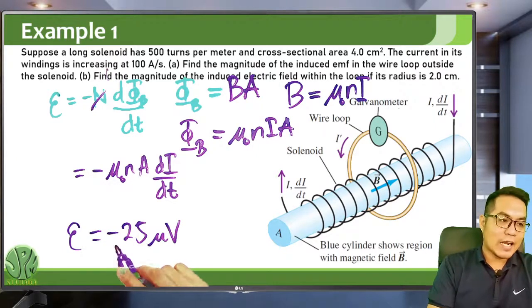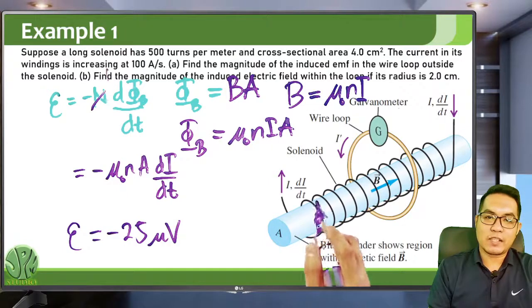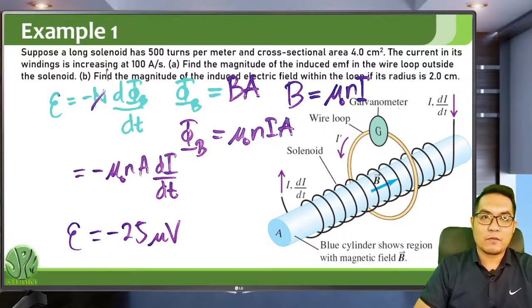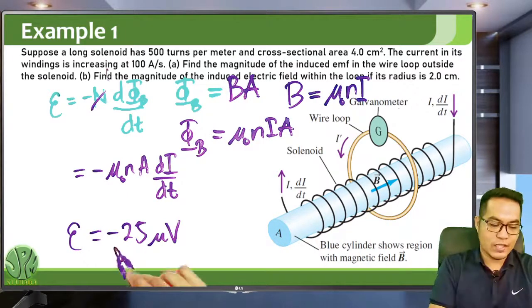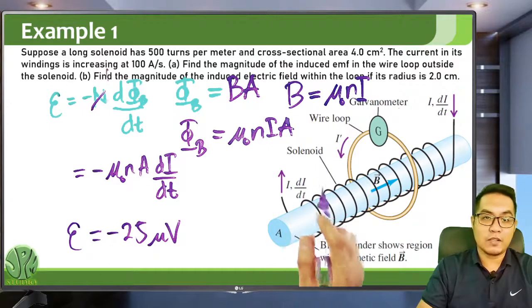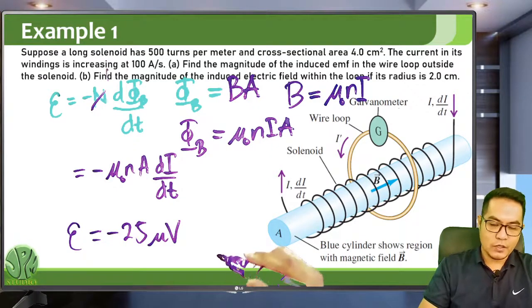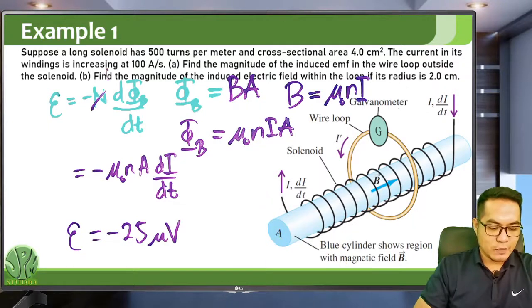The negative sign here implies that the direction of the induced current is opposite of the direction of the current in the first coil. So the magnitude of this is obviously 25 microvolts.